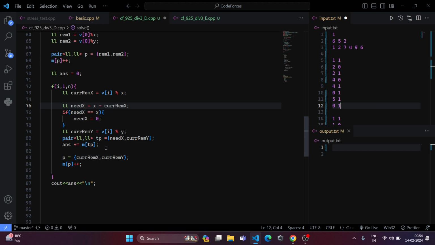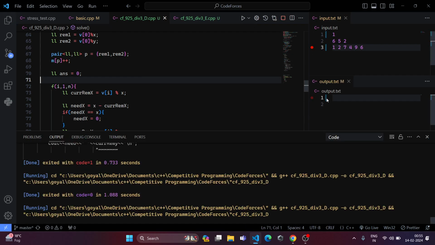Now I search the map for the pair need x and current remainder y, and I add the count of that pair to the answer. Then I push the current pair into the map, and finally print the answer. So let's run this case.